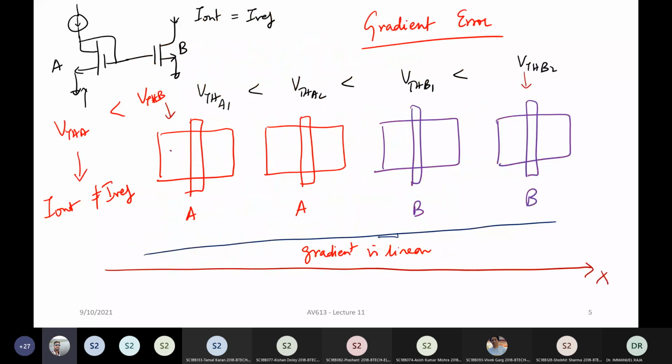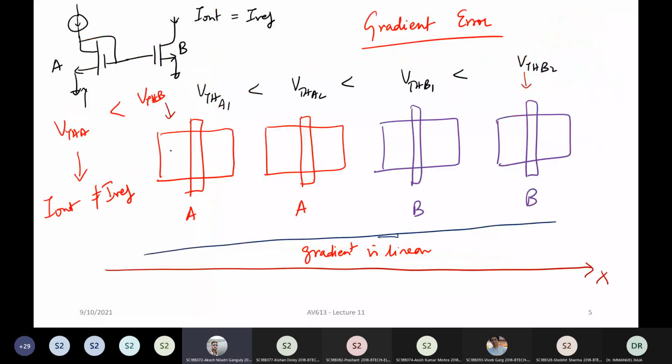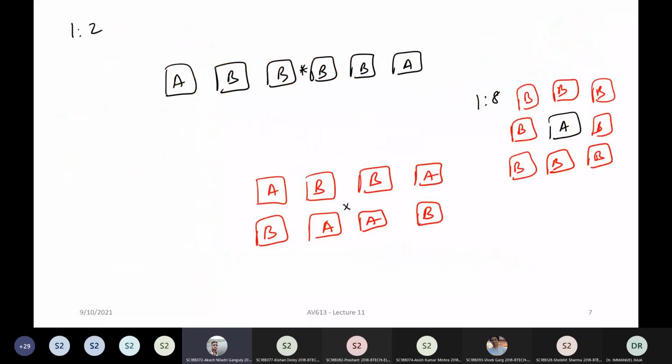Yeah, somebody has a question. Sir, what if the ratio was 2:3? Means there were an odd number of A's or B's compared to the other. Yes, you have to make sure as much as possible it is common centroid. Okay.